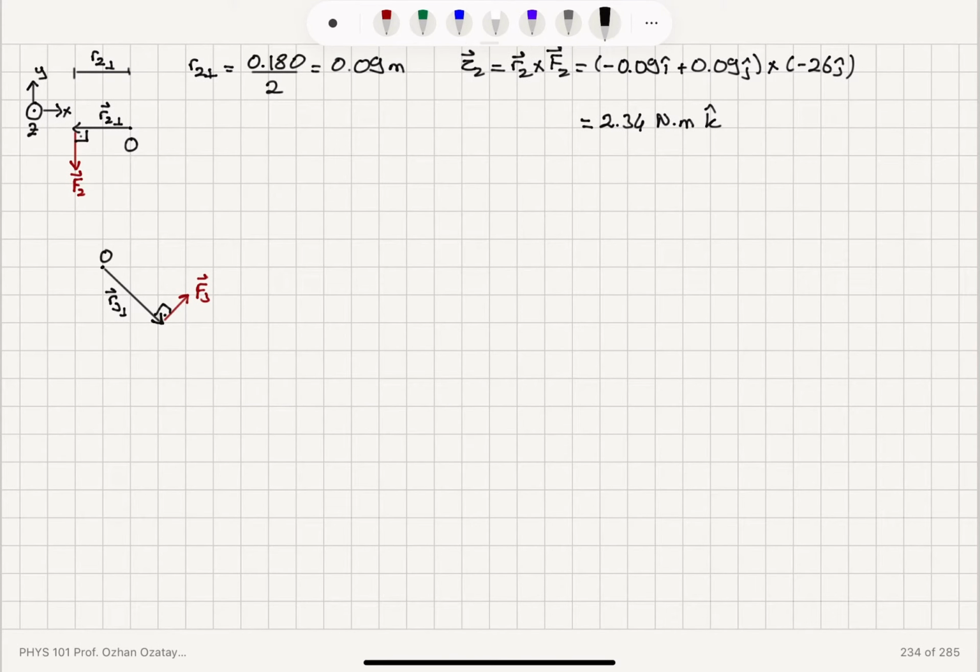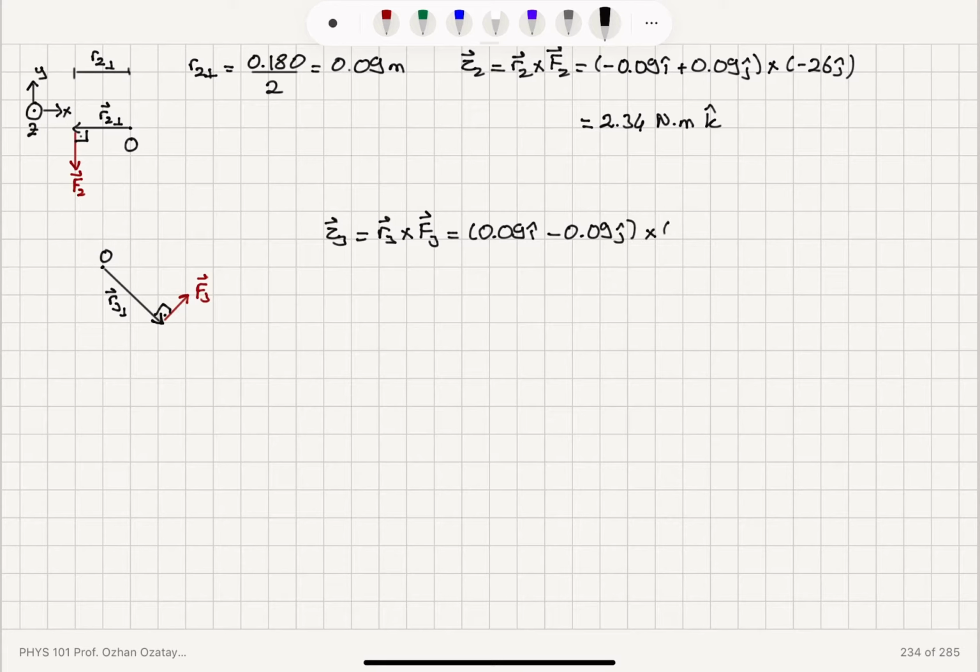So we can see that the torque 3 will be equal to R3 cross F3. The position vector of the application point of the force is 0.09 i hat minus 0.09 j hat, and cross product with F3.